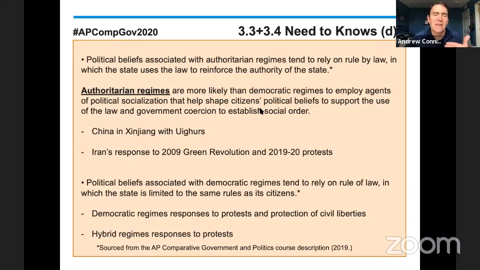Very similar in Iran, particularly after the 2009 election protests, what's commonly called the Green Revolution, or much more recently this fall and into early 2020, where a lot of citizens in Iran were protesting economic policies that were leading to an increase in gas prices before COVID-19 hit Iran very harshly. You saw the government come in with a lot of forceful coercion, a lot of violence to crack down on protesters.